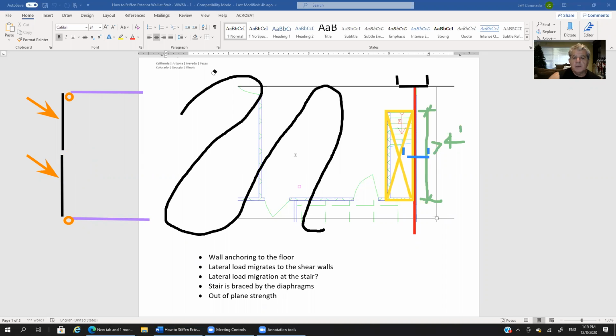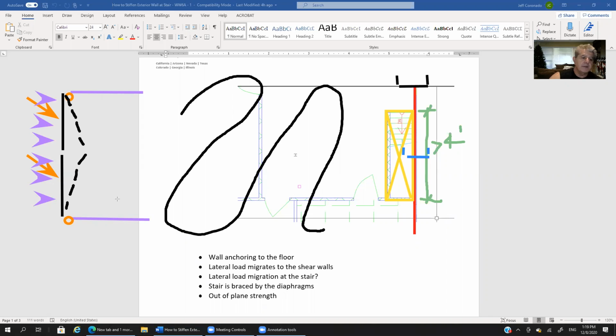We have an instability, right? So now, this, with pressure inward, can blow in to the structure. And it would look like this, right? If we had kind of wind pressure blowing into the wall, that's what would happen.